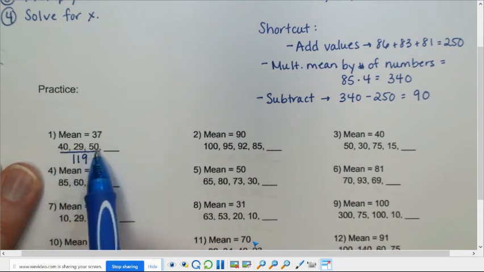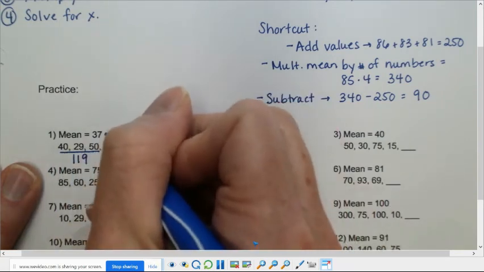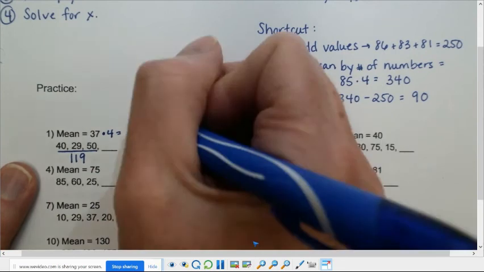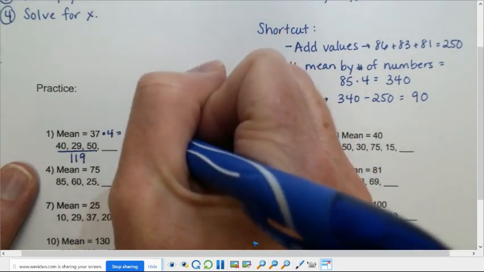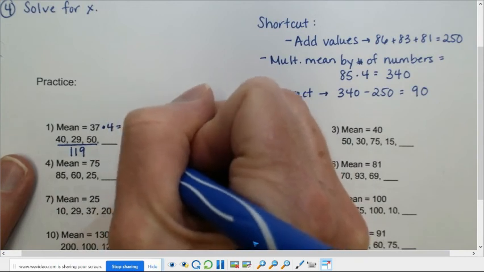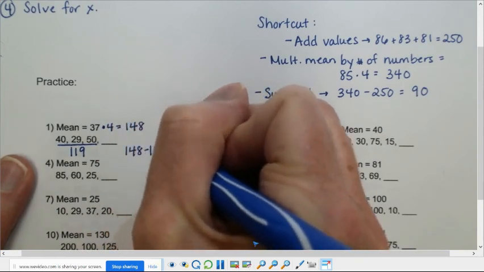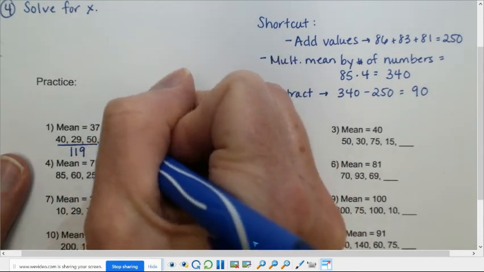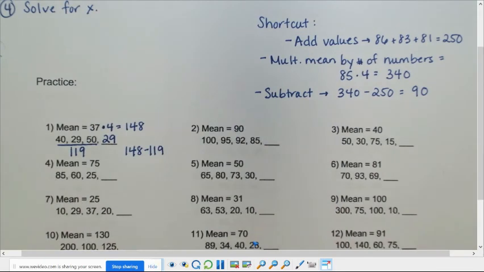There'll be 4 numbers. So I'm going to take that mean and multiply that times 4. 37 times 4 is 148. I will then take 148 minus 119, and you should get 29 for your missing value.